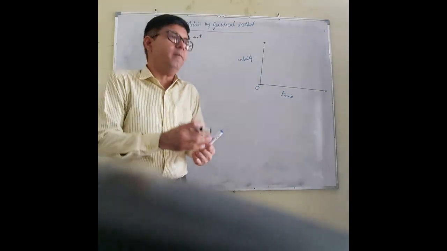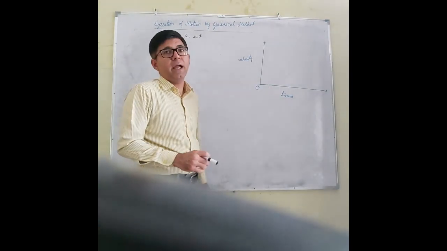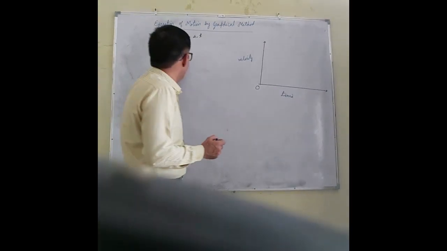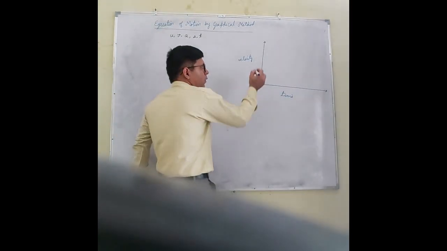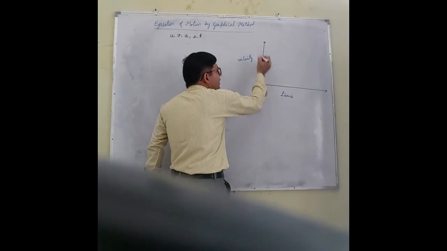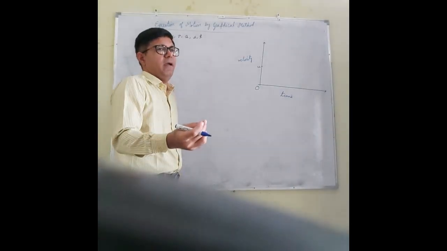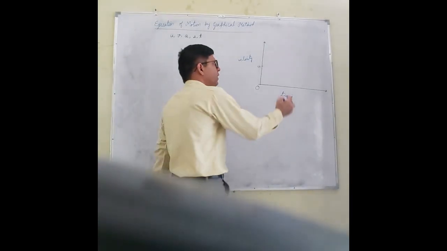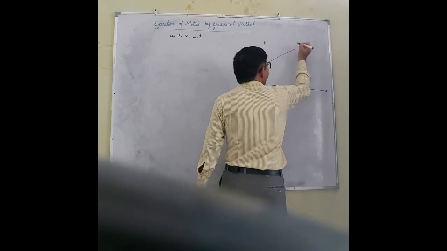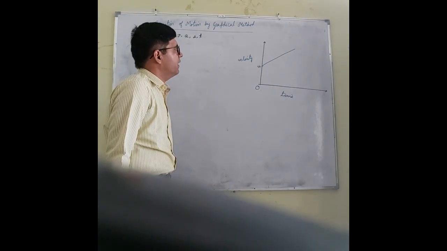So what can we say? Initial velocity is the velocity at time 0. Since here we have assumed initial velocity u, let us say this u is the initial velocity. Since the body is having an acceleration a, what will the graph be? The graph will be a straight line. Let us say the body is having uniform acceleration, so the graph is a straight line.